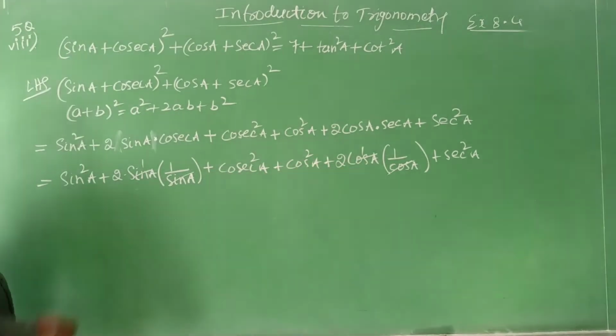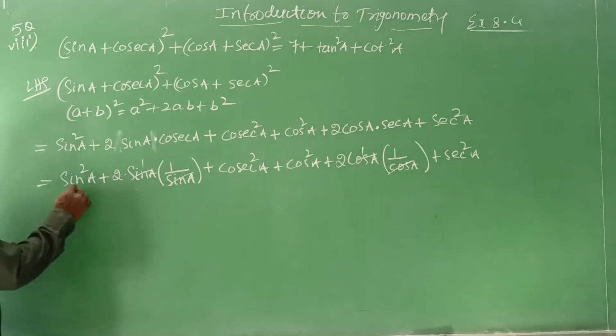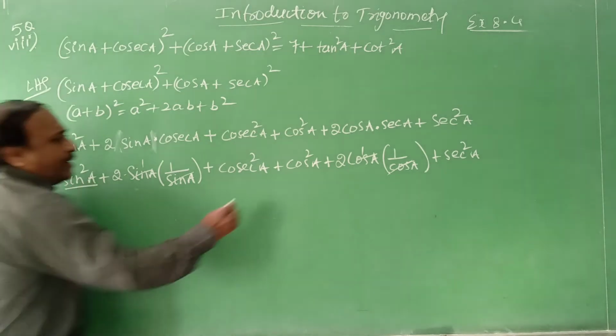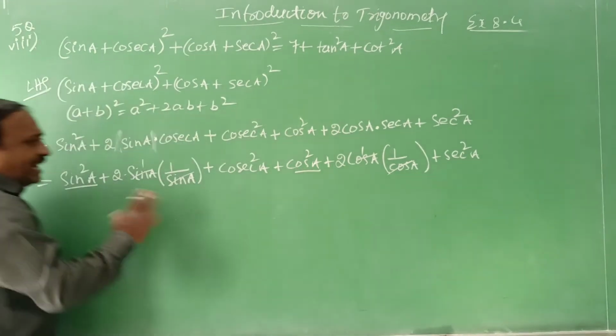Next, I am writing this identity sin square A plus cos square A in addition form.